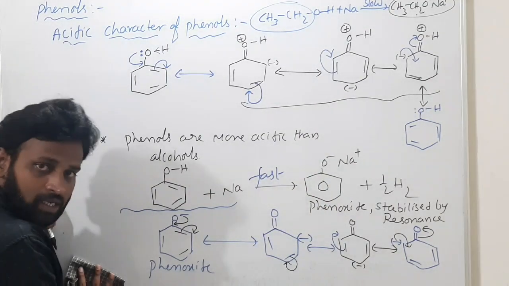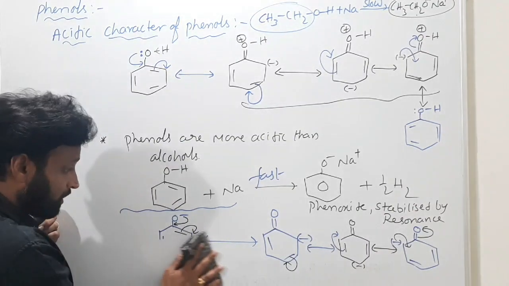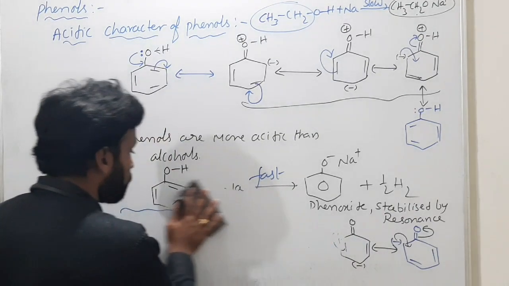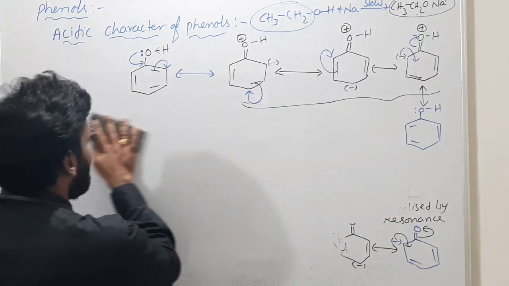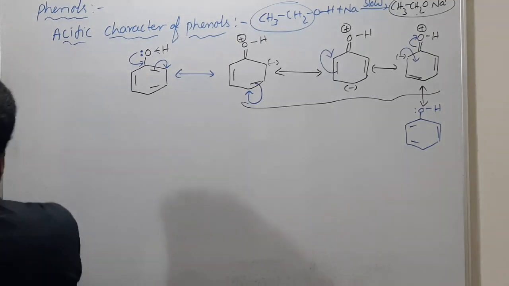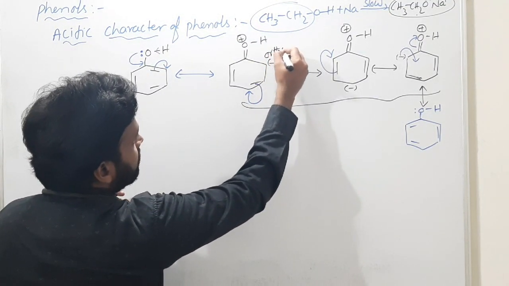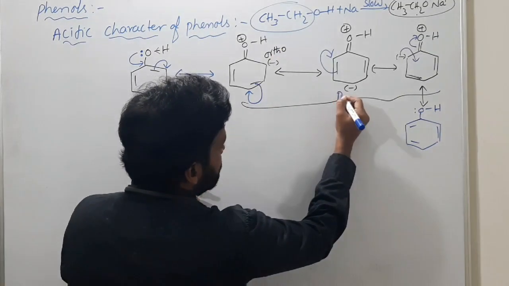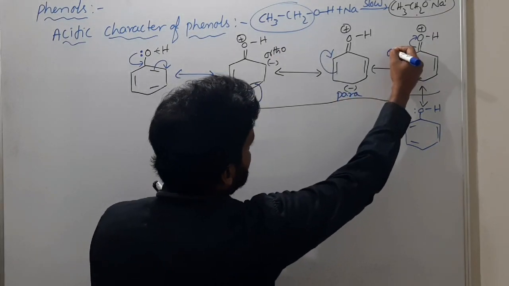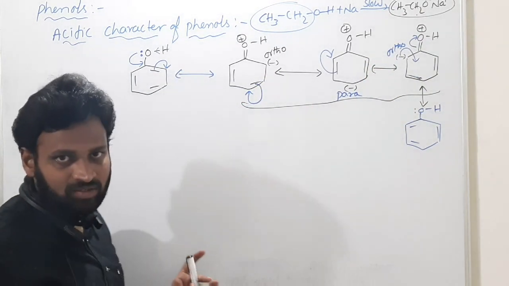So phenols are more acidic, but one more thing: on phenols, if electron withdrawing groups increase, then what happens to the acidic character? What I am saying, understanding? At ortho, this is ortho or not? This is ortho and this is para, again this is ortho. At ortho and para you have negative charges.